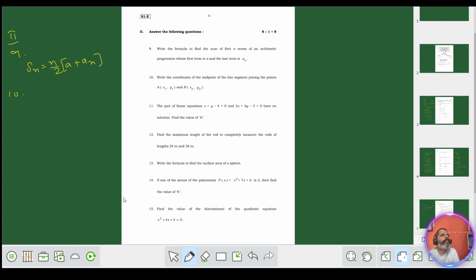Move on. Write the coordinates of the midpoint of the line segment joining the points A of x1, y1 and B of x2, y2. Midpoint formula. So we know the midpoint formula required is (x1 plus x2) by 2, (y1 plus y2) by 2.